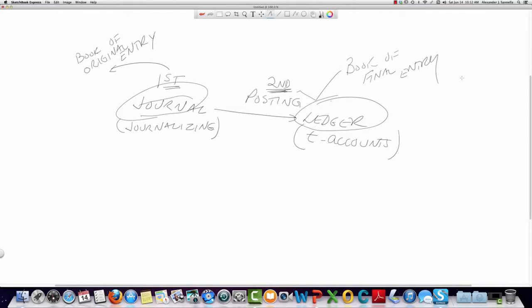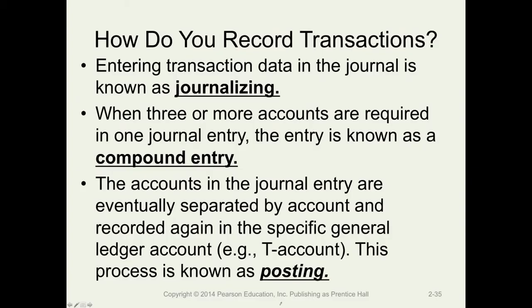And again, the process is called journalizing when we enter a transaction in the journal, and it is called posting when we move that transaction to the ledger. Okay.